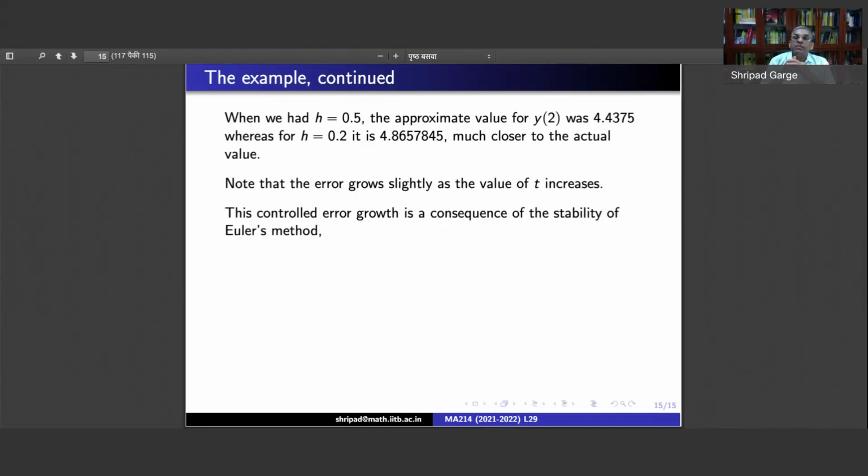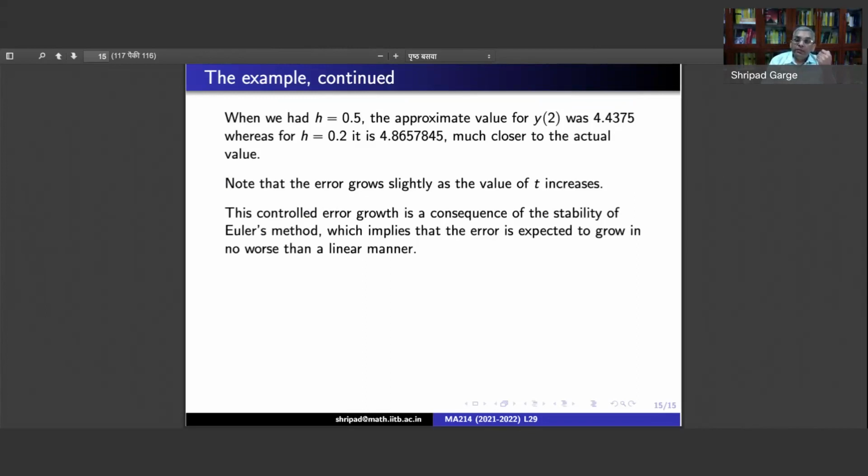Euler's method is one of the very stable methods. What it ensures is that the error is growing in a way which is no worse than linear. This error analysis of Euler's method and maybe some other methods will also be studied in the next lecture.